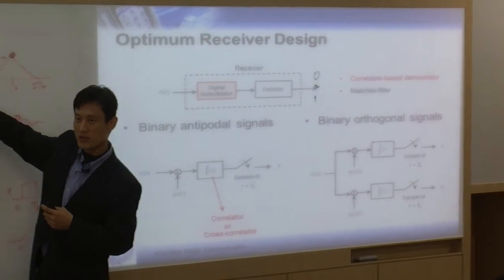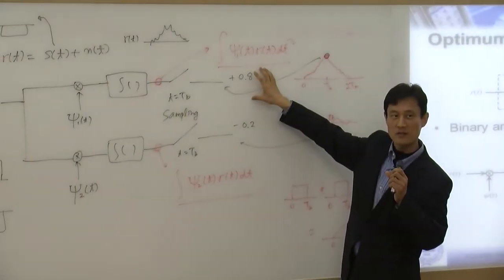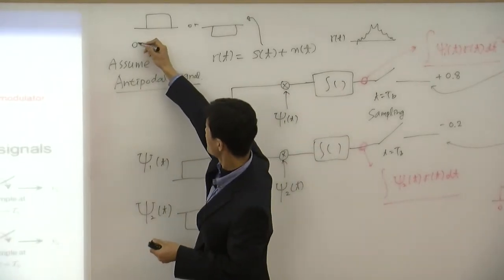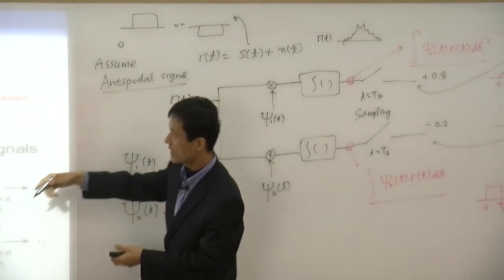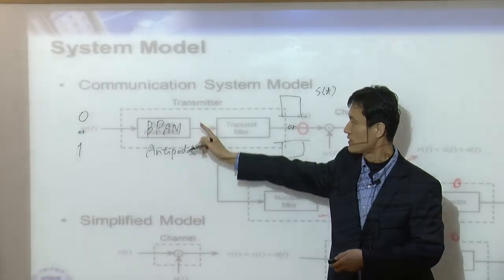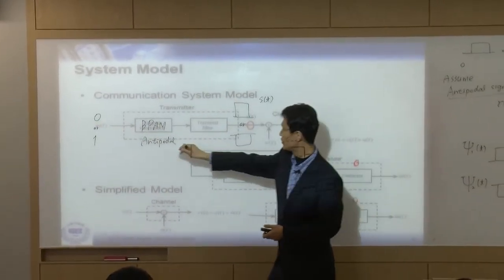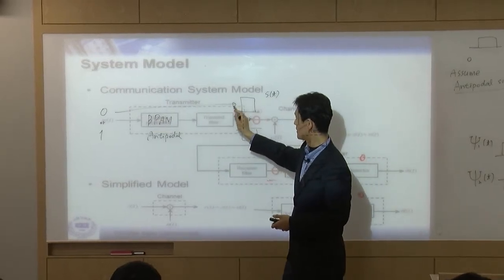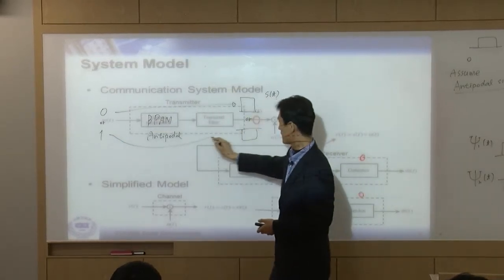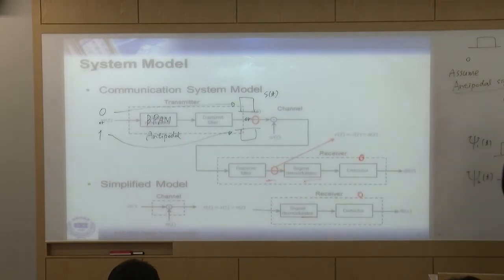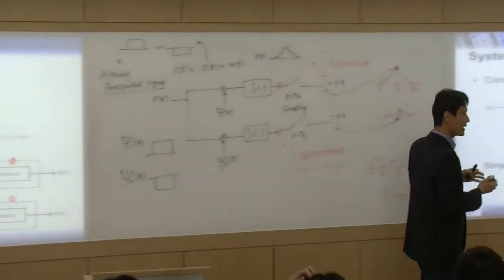So once you pick this one, what is the output? 0, because I was using this mapping. At the transmitter, when I have a 0, I map it into this. When I have a 1, I map it into this. So that is a mapping, and at the receiver you do the same mapping.